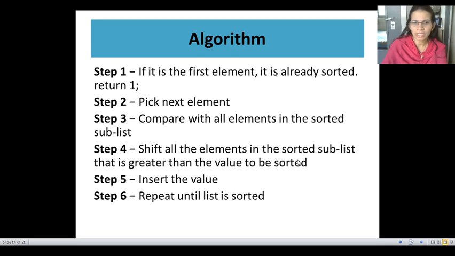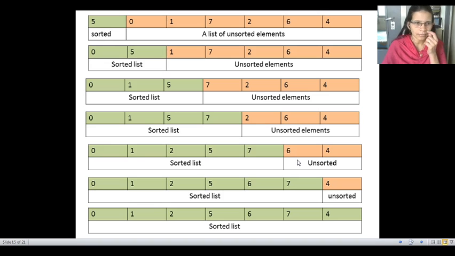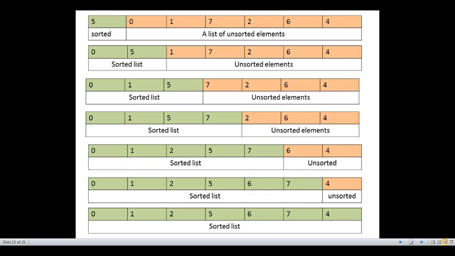Let's see one example for this. Here is your list. In this list, the elements are 5, 0, 1, 7, 2, 6, 4. These are the given elements. Consider the first element a sorted element, because a single element is always sorted.